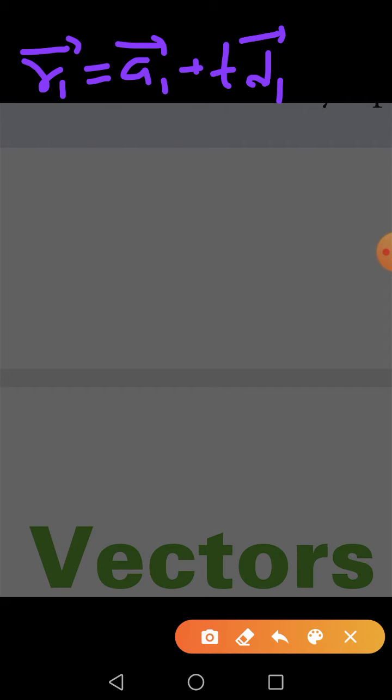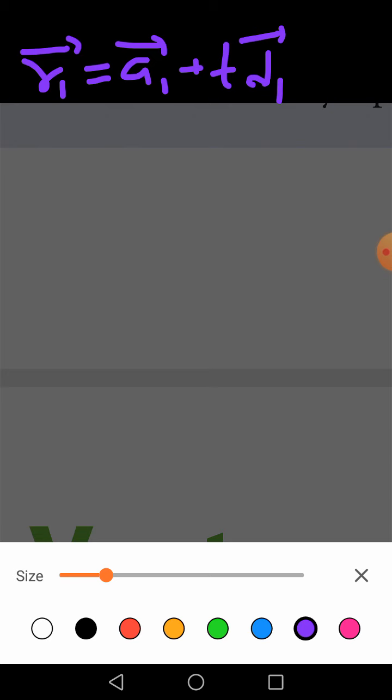And a second line has an equation of R2 is equal to A2 plus S into D2.